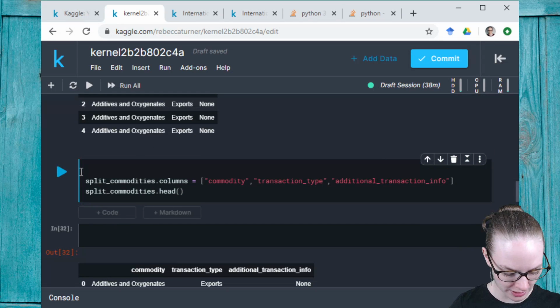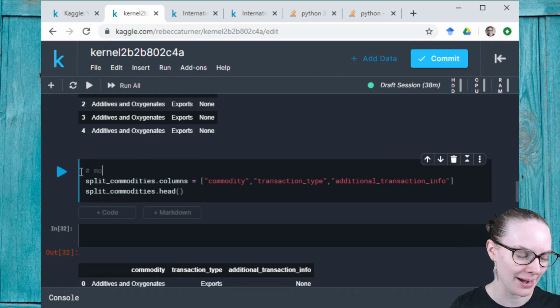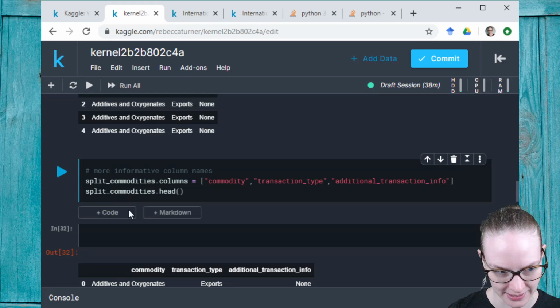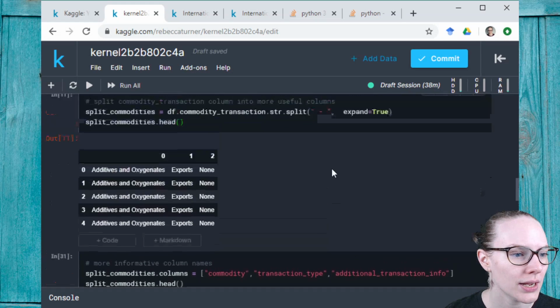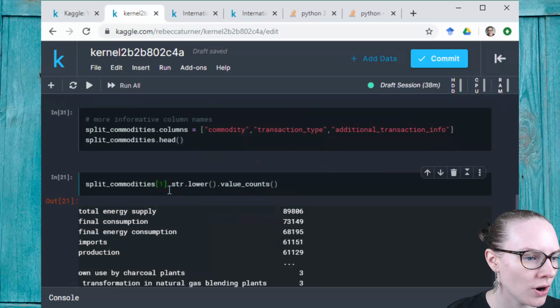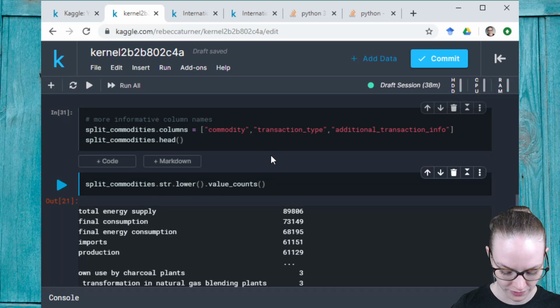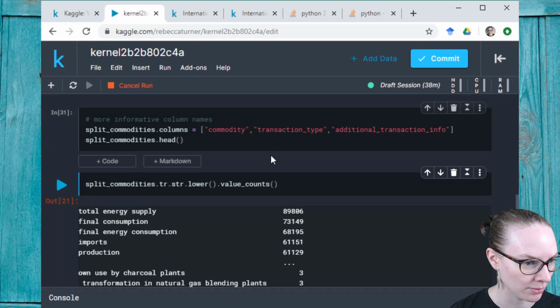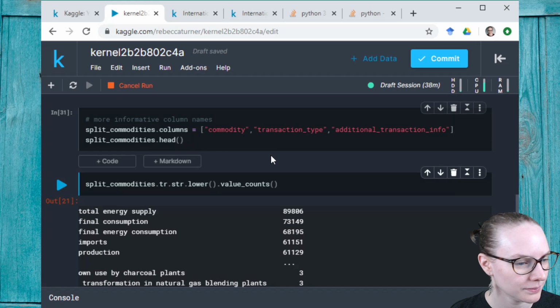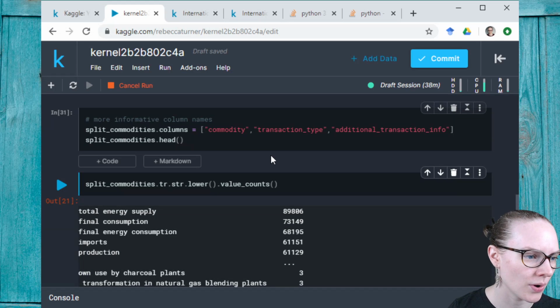Rename columns so that they're more informative column names. All right, excellent. So I think that's a pretty good start so far, and now we should change this here. So this should be, instead of 2, it should be transaction type, I believe. Come on, autocomplete.